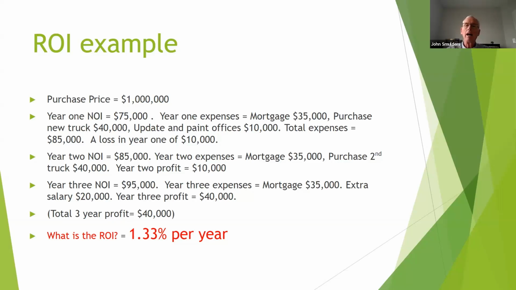And the agents don't ask why it won't work for you because they maybe won't understand the why not. The buyer says, well, the mortgage I have to get is really high. I think I have to buy a new truck. I'm going to have to paint the offices. It just doesn't work out for me. And so in your head, Jeff, you can think to yourself, how can I overcome this objection?